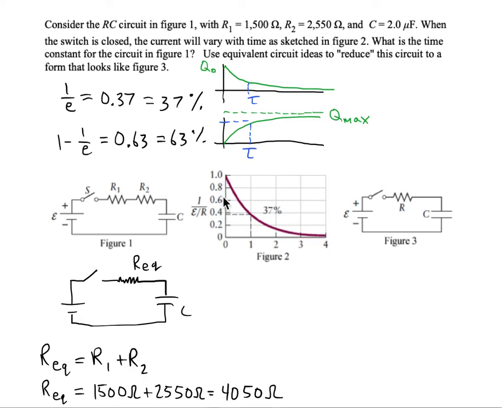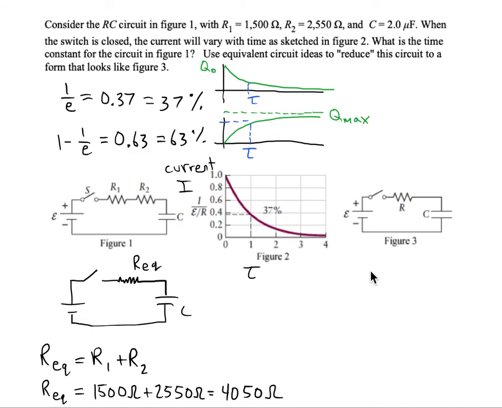Now, interestingly, this graph is not of the charge on a capacitor. It's of the current, I. And as we saw in the past, once a switch is closed on an RC circuit like this, current will decay to zero slowly. And we want to figure out how long it takes to decay to 37% of its initial value. Well, that time is going to be the time constant tau.